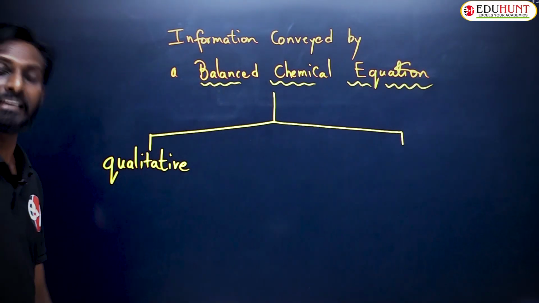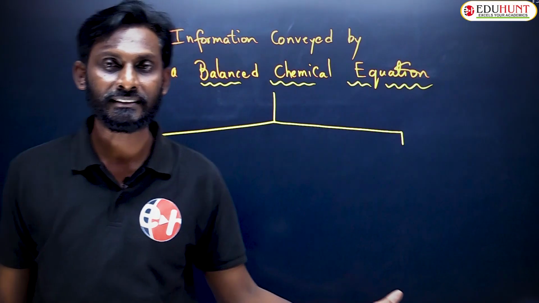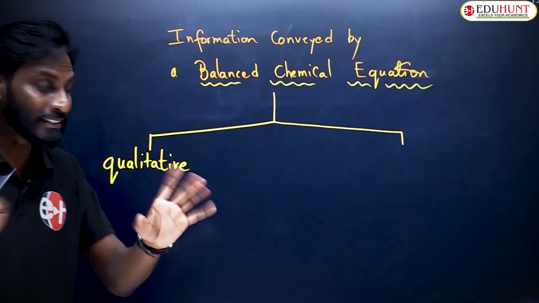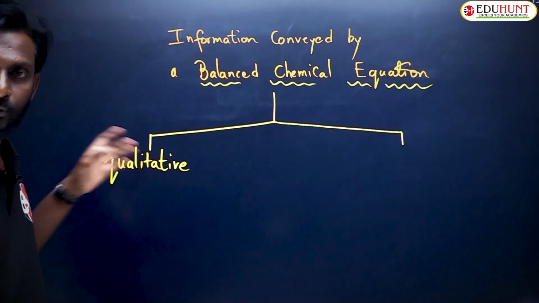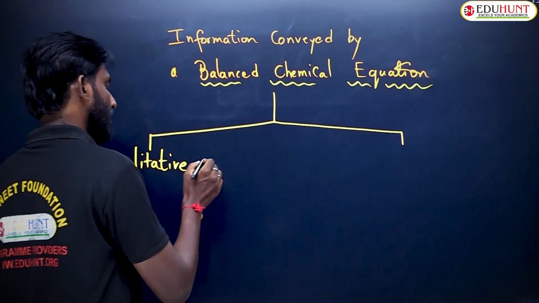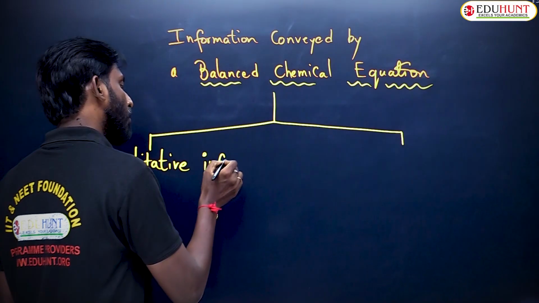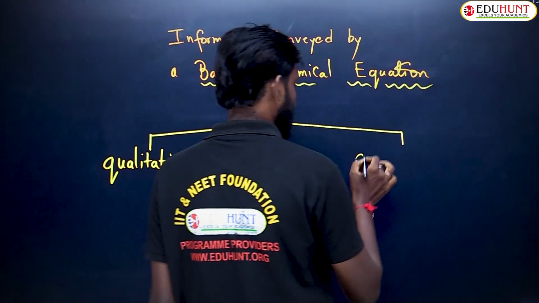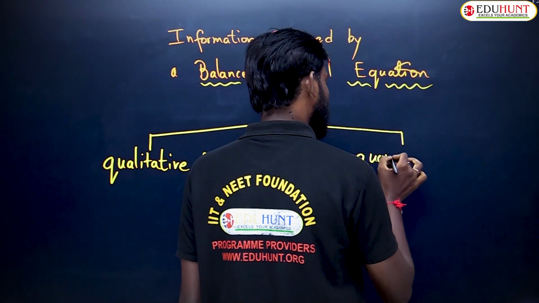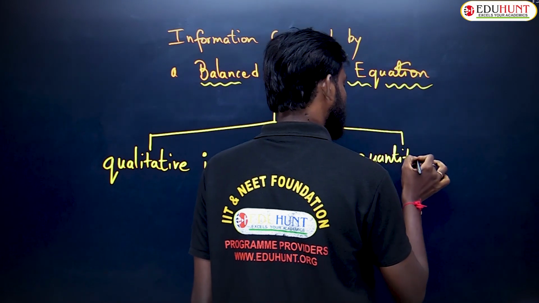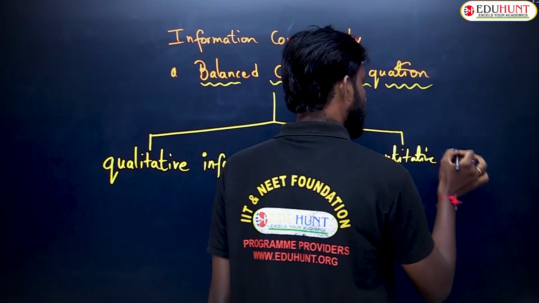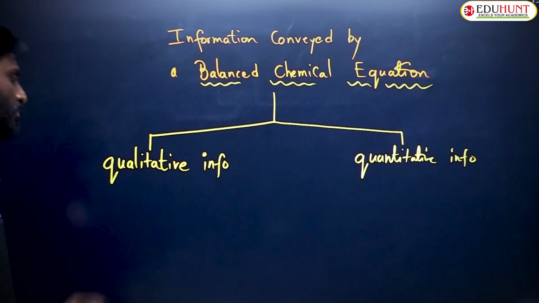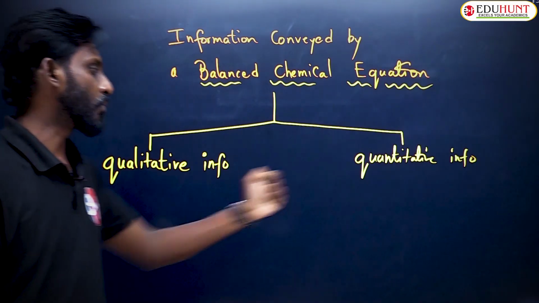A balanced chemical equation of any reaction gives information about the reaction, but I am classifying that information into two types: qualitative information and quantitative information. Two types of information. Yes, sir. What is the difference between qualitative and quantitative information?